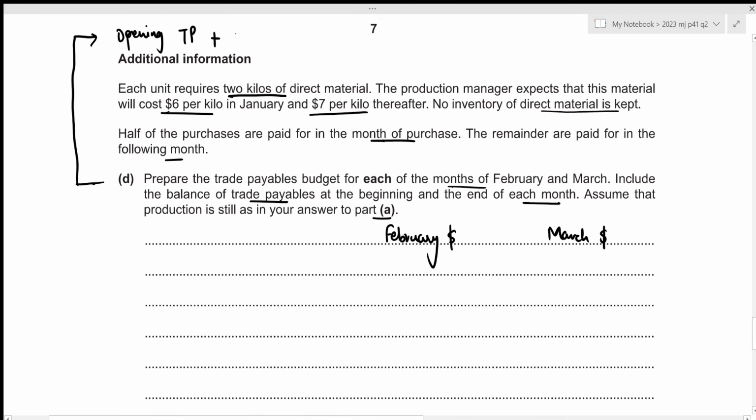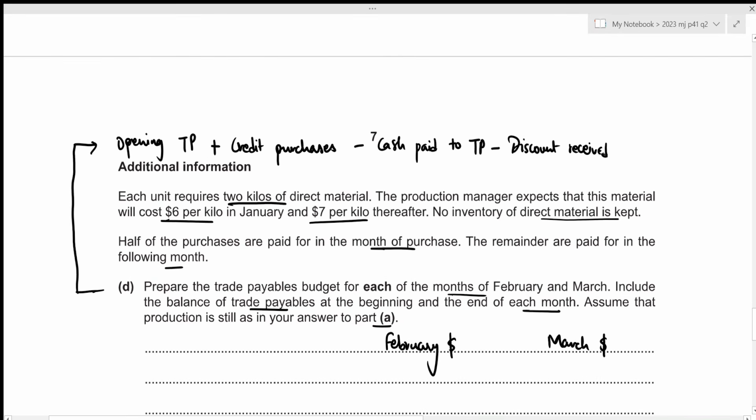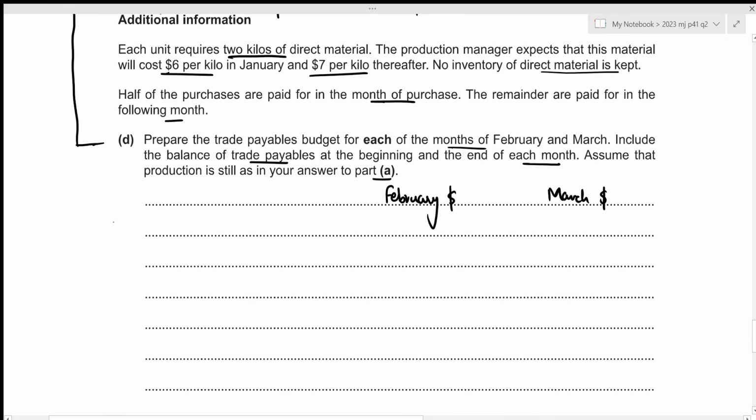We then add all of our credit purchases and then subtract the cash paid to trade payables, and we also subtract any discount received. And this will be equal to our closing trade payables. So this is the format that we'll be creating here as well.